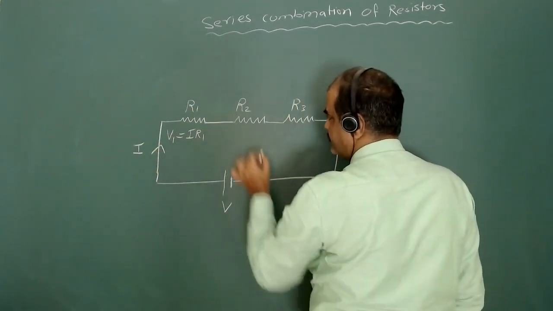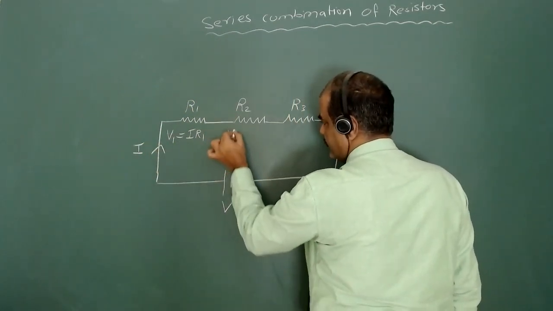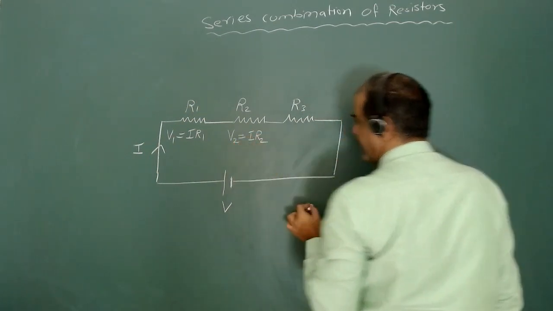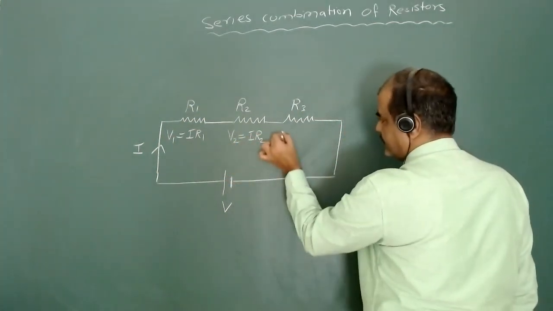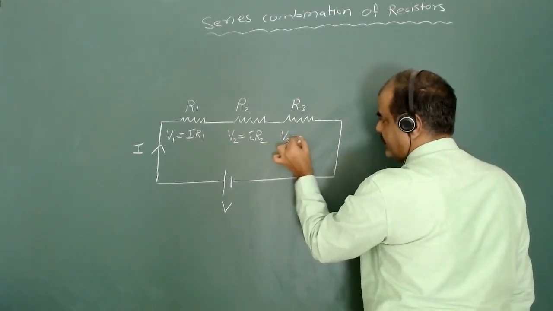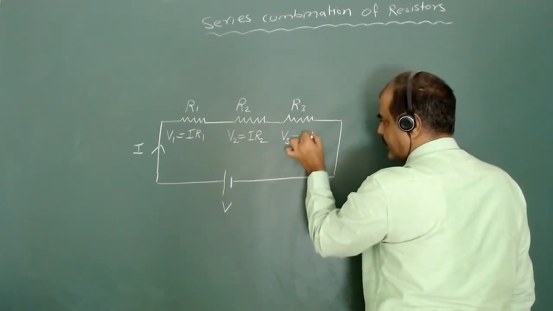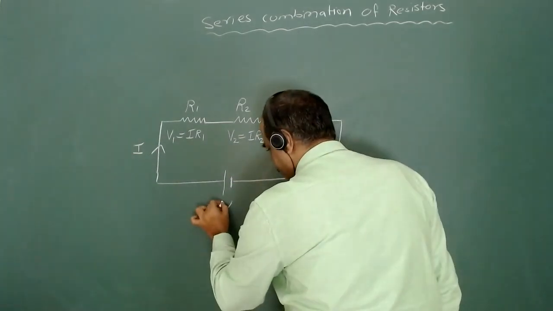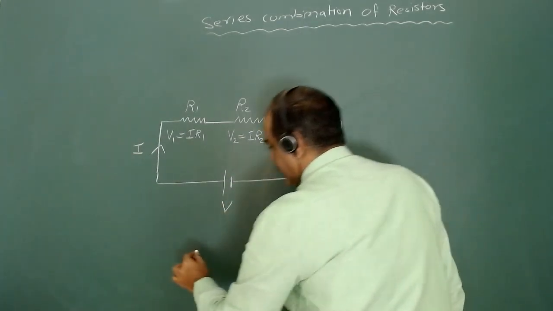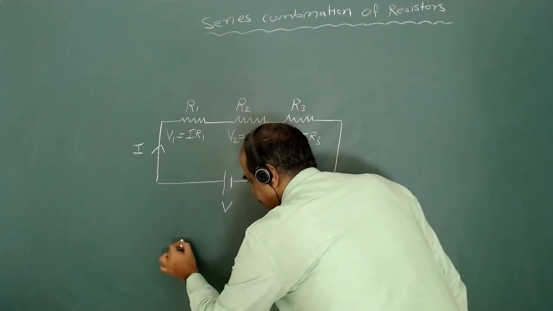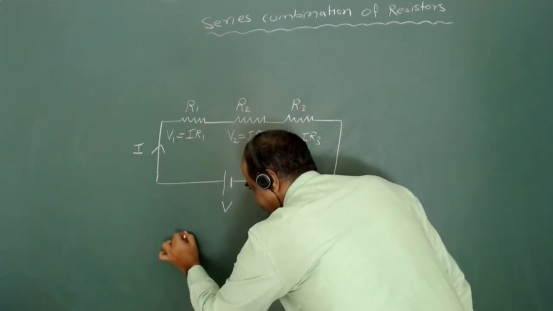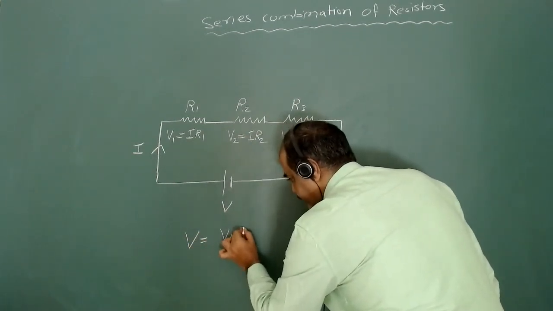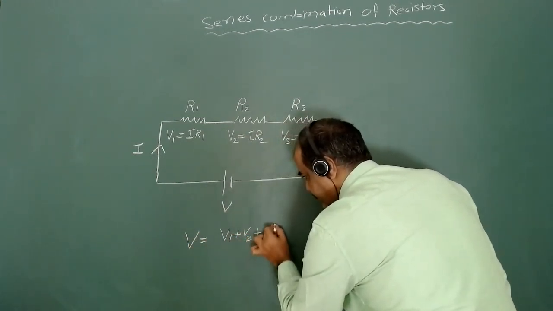Similarly, the voltage drop across R2, V2, will be equal to I R2, and across R3, V3 equals I R3. Now if I apply Kirchhoff's voltage law, using KVL I can write V equals V1 plus V2 plus V3.